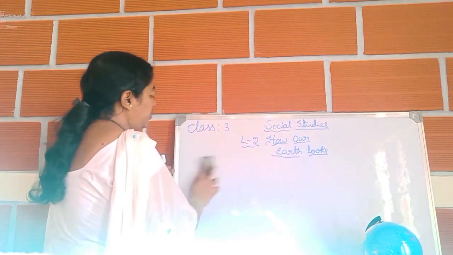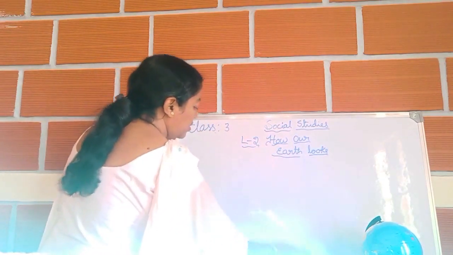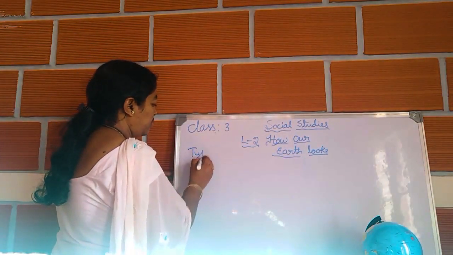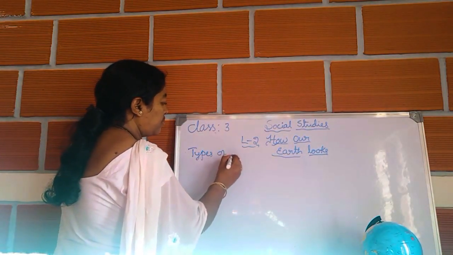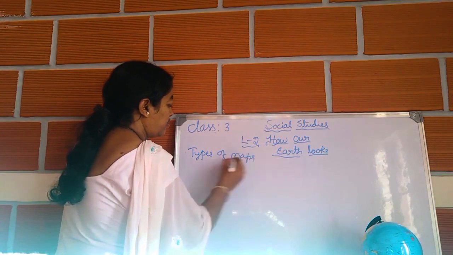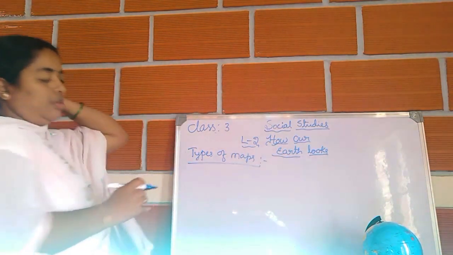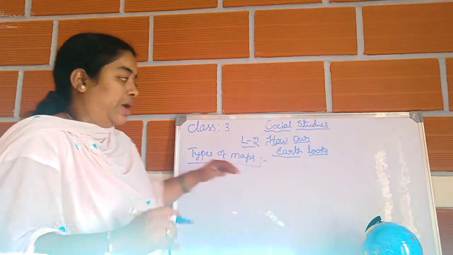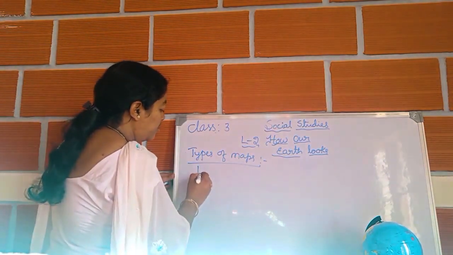We have three different types of maps. So how many types of maps are we having? We are having three types of maps. The first one is physical map.